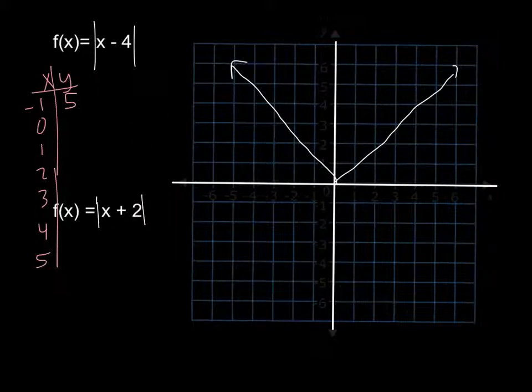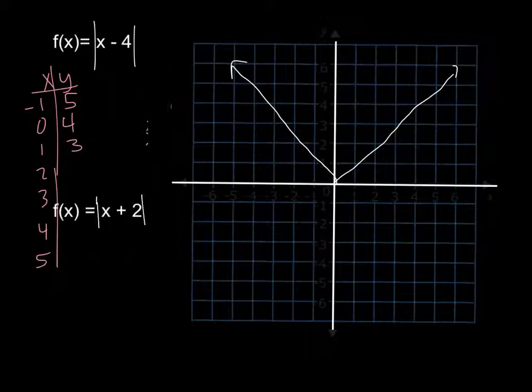Now we're going to plug in 0. The absolute value of 0 minus 4 is the absolute value of -4, which is 4. We plug in 1. The absolute value of 1 minus 4 is the absolute value of -3, which is 3.